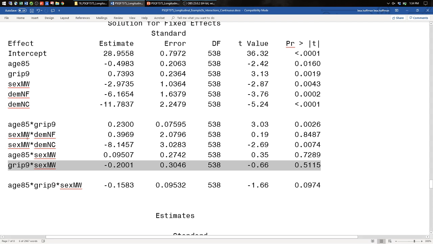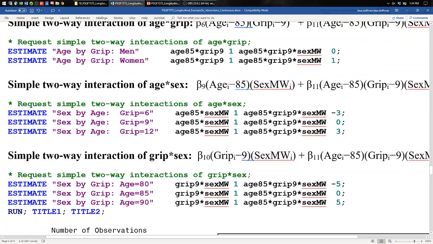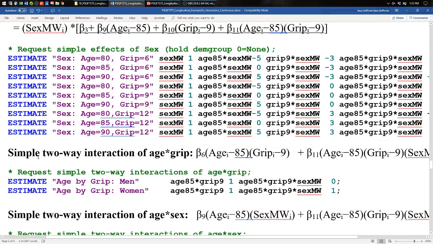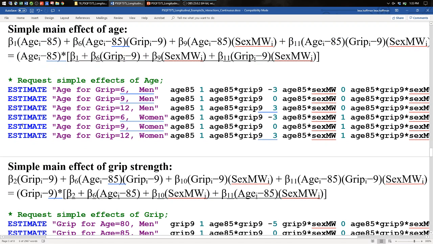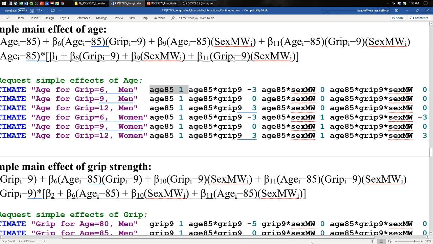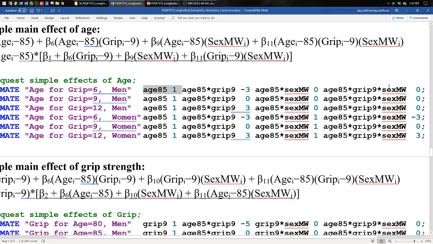And did you already draw out estimate statements? If we have all the interactions, and we want to get, say, the average effect of age across all grip strengths and sexes, you would have to plug in, let me find, here's some age effects. So to do that, you would do age 1, and then you would have to plug in the sample mean values for all the other predictors.